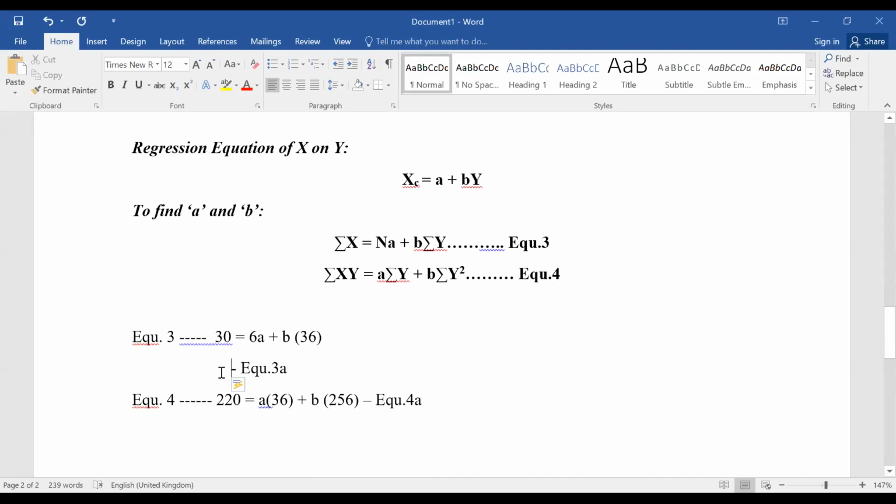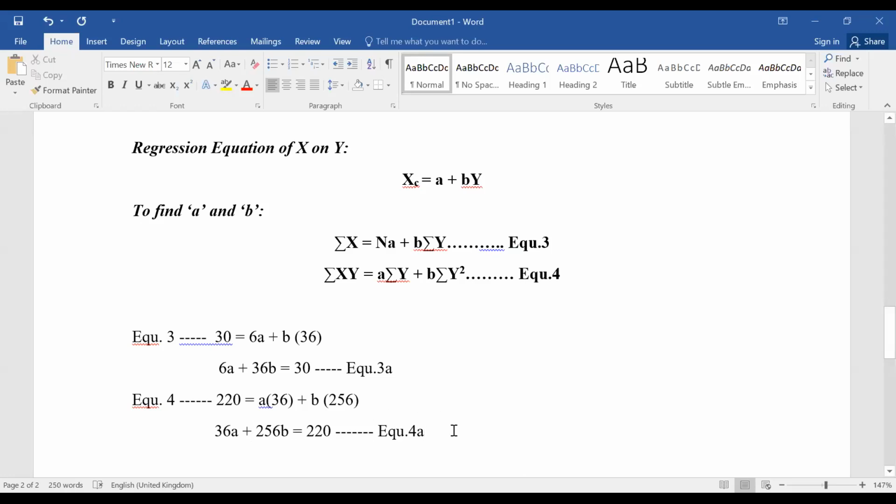Now equation 3 will be what? 6a plus 36b equal to 30. And 36a plus 256b equal to 220. This is equation 4. Okay.